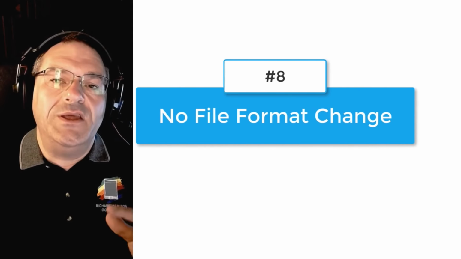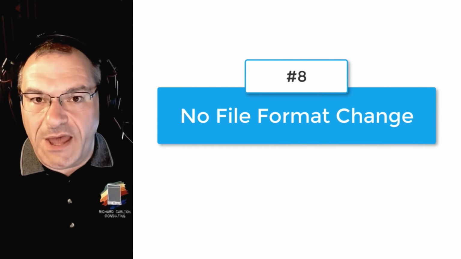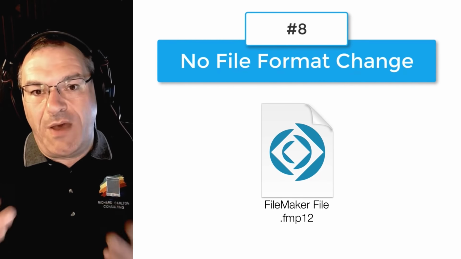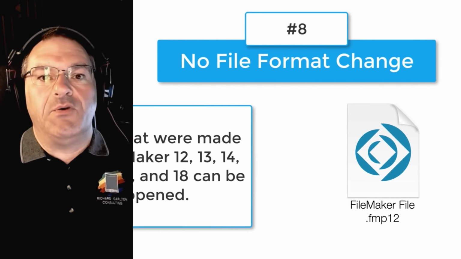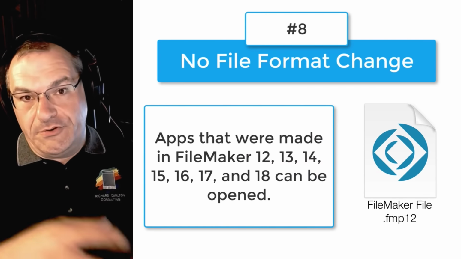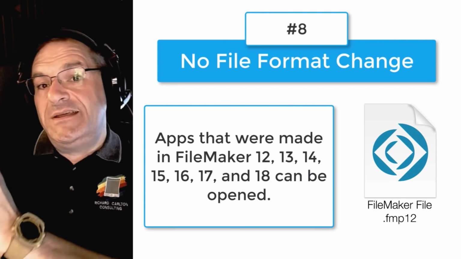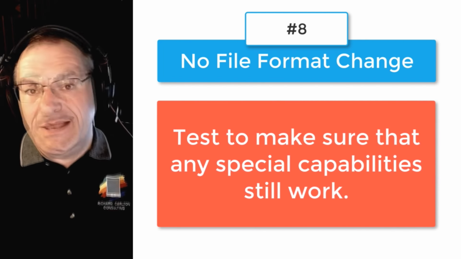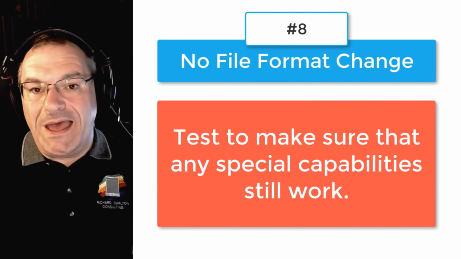Now, the number 8 thing you need to know is that there is no file format change with the 19 release. It's still FMP12, which means that if you have a FileMaker solution that was working in FileMaker 12, 13, 14, 15, 16, 17, 18, it should work on FileMaker 19. Now, of course, you want to test to make sure any special capabilities are working as you expect.